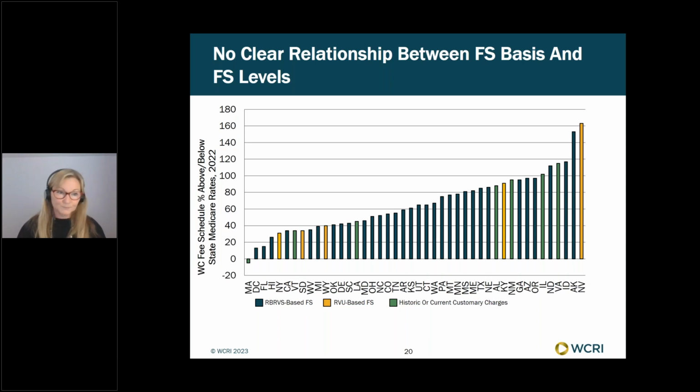For example, you can find states with Medicare-based fee schedules along the entire distribution. Some of them have relatively lower levels, relatively high, and typical. So the basis and levels are determined separately.